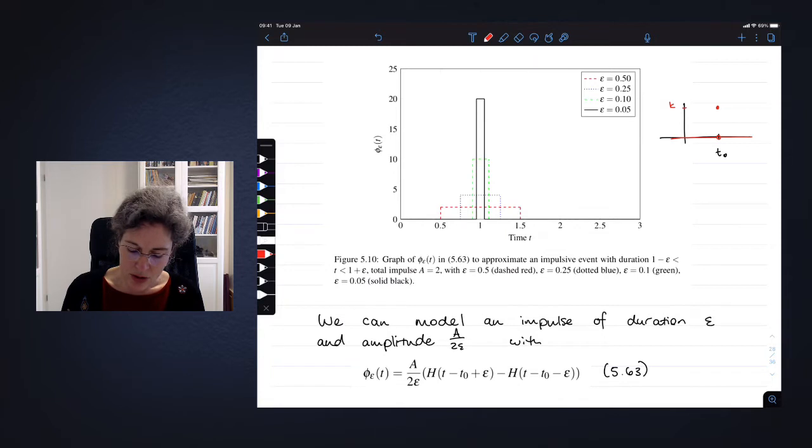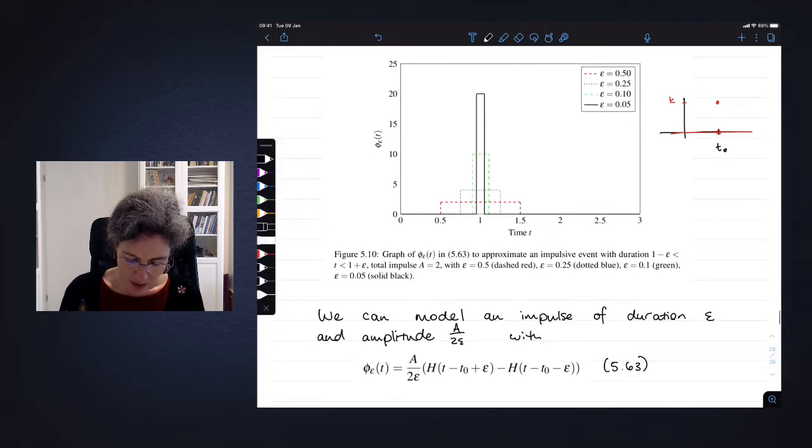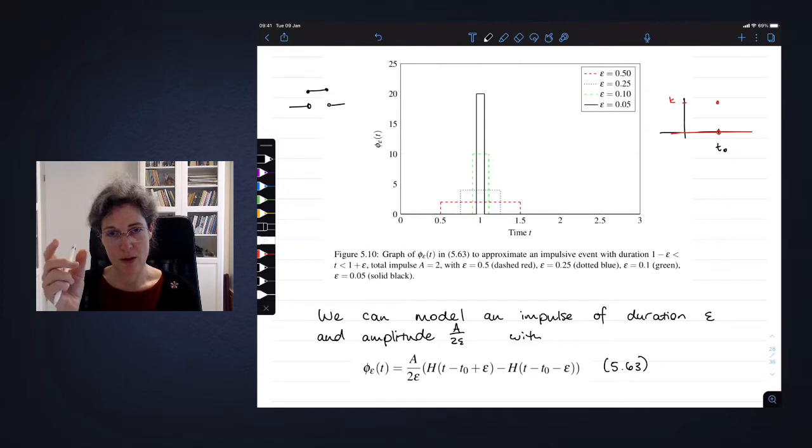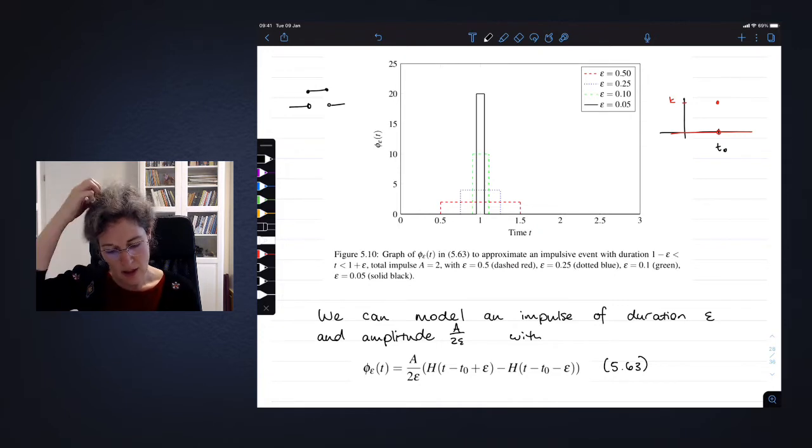So the way we can start to think about it is, we know from our Heaviside function how to create functions that do things like this. We can use two Heaviside functions, we've seen how to do that, to create a little step up, step down function like that.